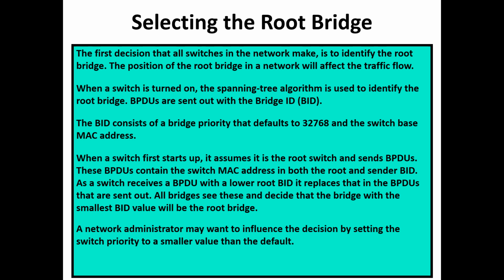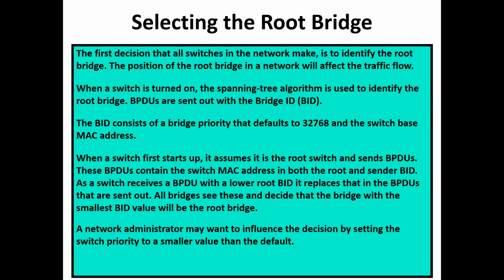Guys, if you have watched the practical videos behind me, you must know what the bridge ID is and what the default ID of a bridge is. Okay, that is 32768. When a switch first starts up, it assumes it is a root switch and sends BPDUs. These BPDUs contain the switch MAC address in both the root and sender BID.